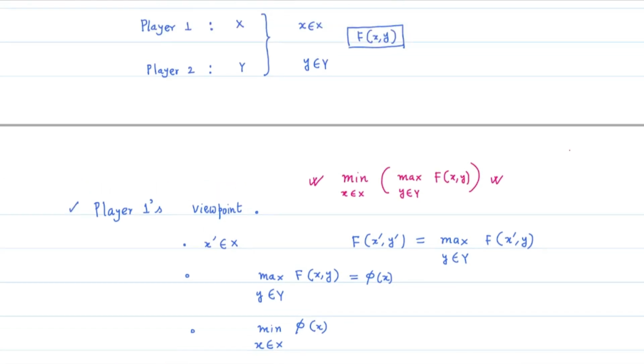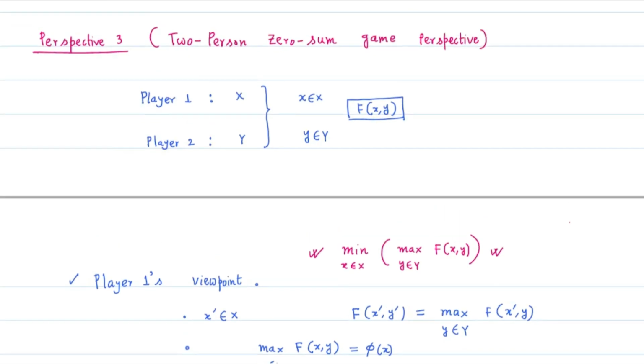So the same game, from the perspective of player 1 and player 2, is once a minimization problem and in another a maximization problem. And therefore, for a given minimization problem, there is a hidden maximization problem.